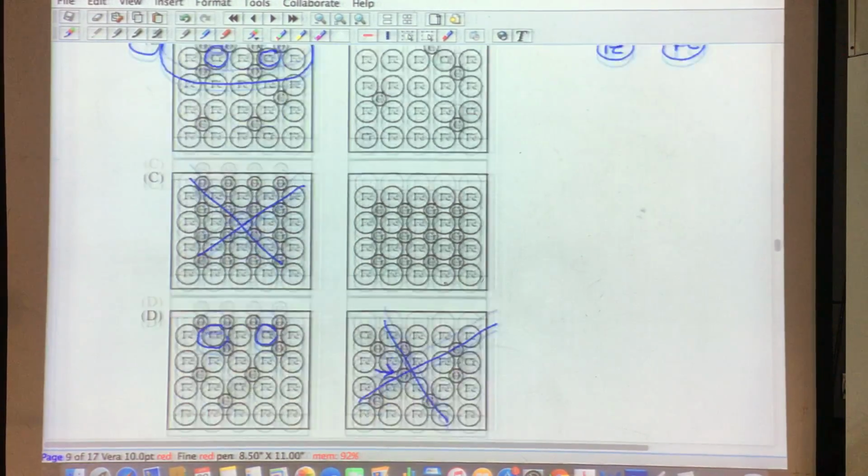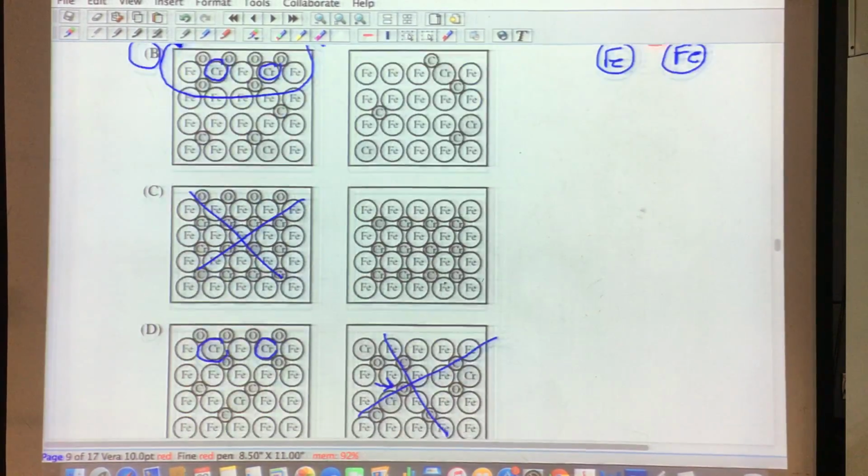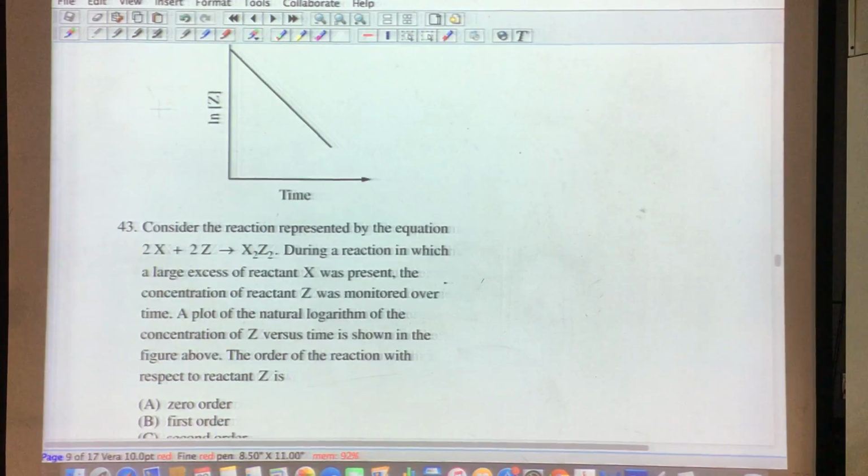In any case, whatever question that was, 42 was choice B, okay? Oh my gosh, so many people got this wrong. So many people got this wrong. How many times are they going to ask you whether something is first or second order? They can only ask you that with graphs, okay?